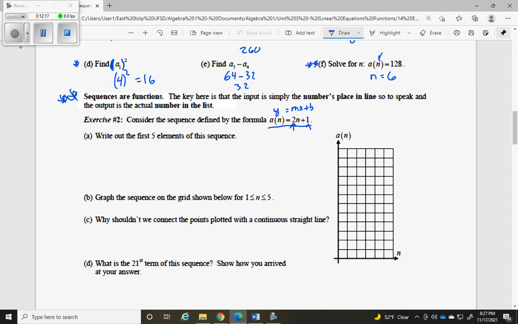My y-intercept is 1. Interesting. But let's answer part A. It says write out the first 5 elements of this sequence. So to find the first term, remember you want to plug in a 1.